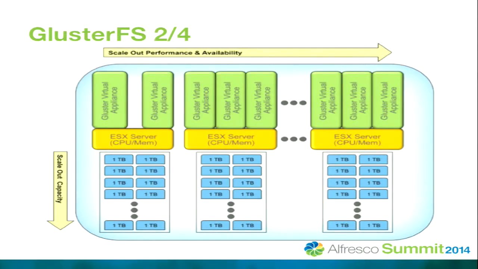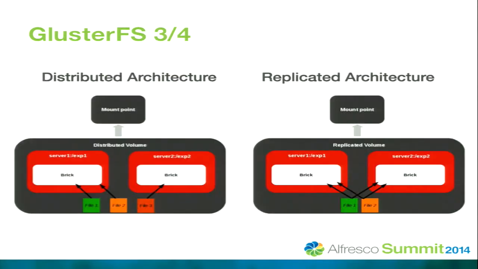So GlusterFS actually allows you to scale out on performance by adding more servers, or scale on capacity by adding more capacity on each server, because Gluster will use all the servers to either host your content sharded between different volumes, or replicate it between two different bricks, where each brick is actually a standalone server.